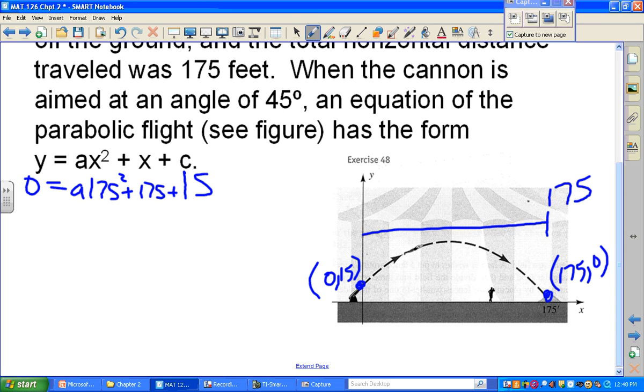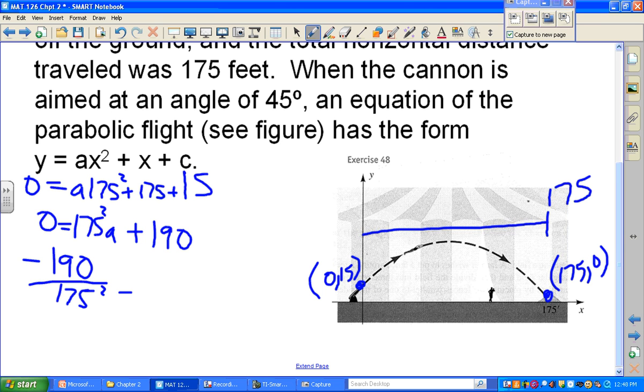So let's see, 175 squared A plus 175 plus 15 equals 0. Negative 190 divided by 175 squared will equal A. What does A equal? Does it come as a fraction?